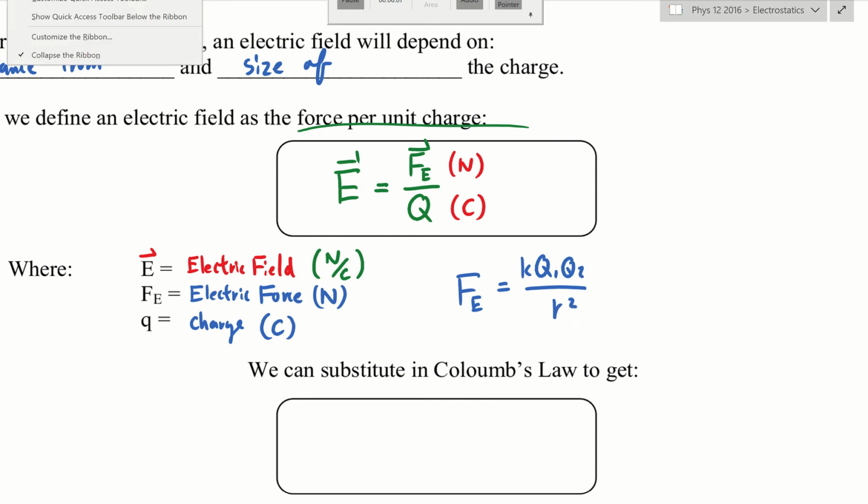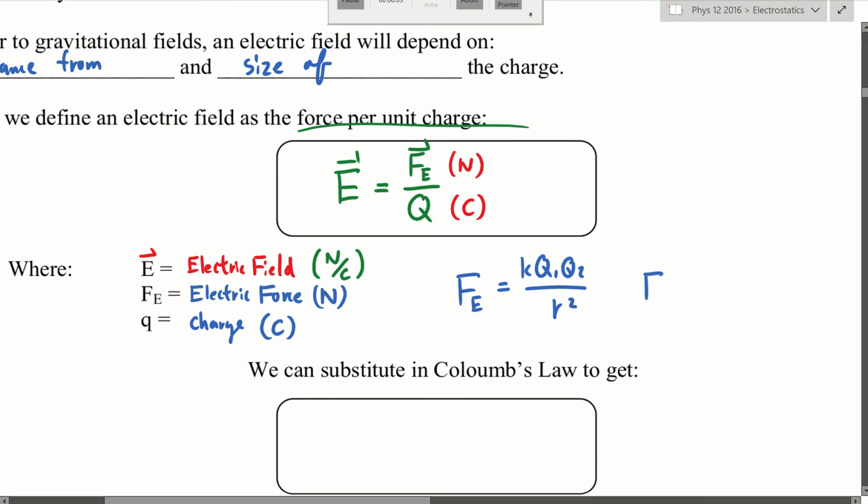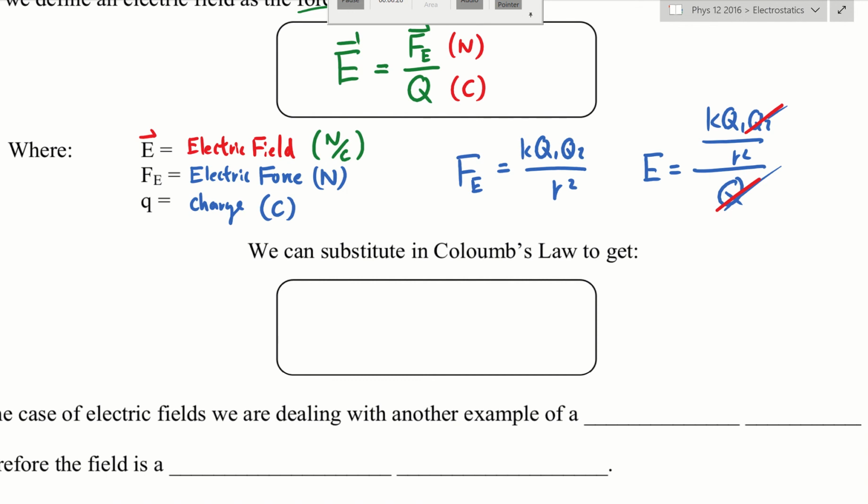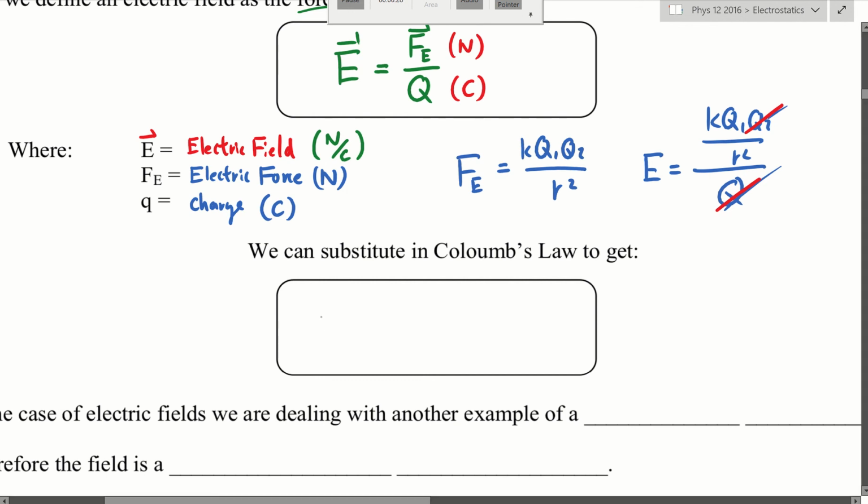And then electric field is supposed to be that divided by Q. So it's K, Q1, Q2 over R squared divided by Q. So one of the Q is now cancelled out. One of the Q is gone. So what you end up with is this equation for electric field, which is K, Q over R squared.